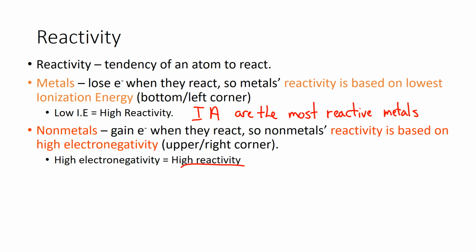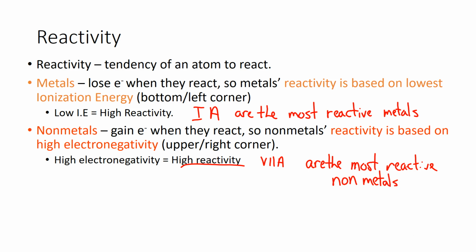All right. So the halogens, group 7A, are nonmetals.